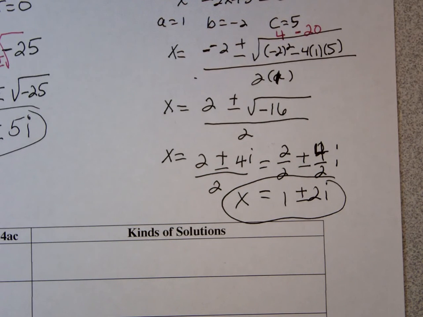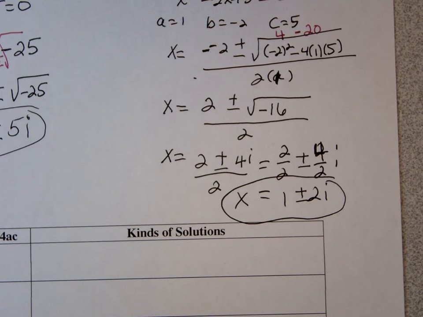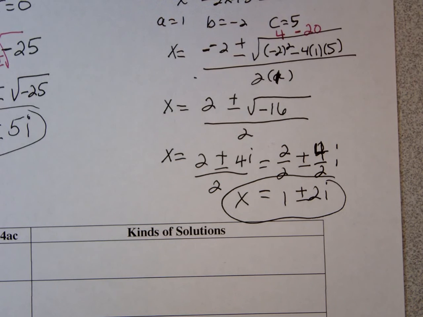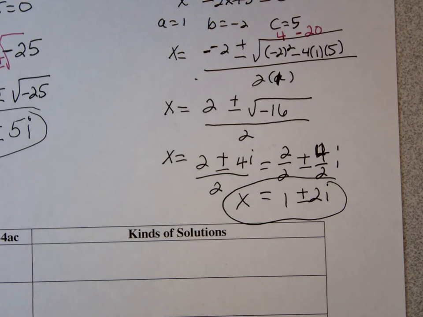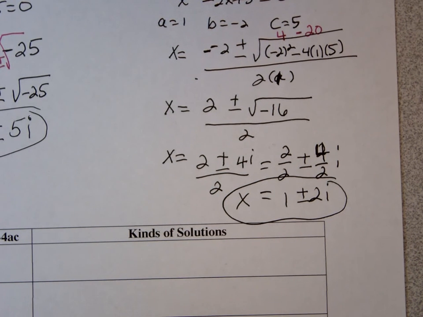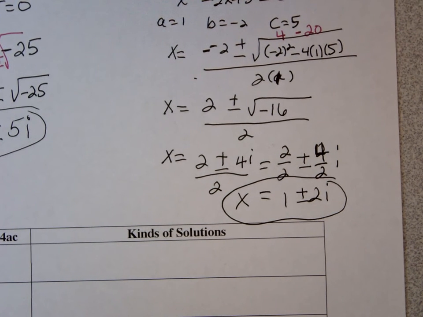Now what the discriminant does is it tells you what kind of solutions you're going to have even before you do the problem. And sometimes I'll test to see if I'm going to have imaginary solutions. It makes no sense to go in and do the problem because the solutions are not real numbers, and I'm looking for real number answers. But the discriminant is what's under the radical.